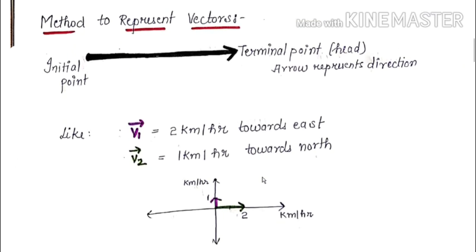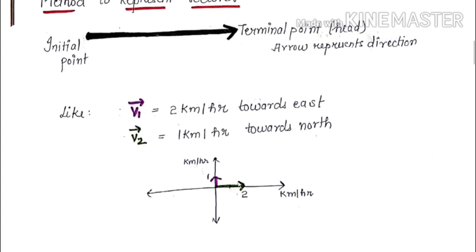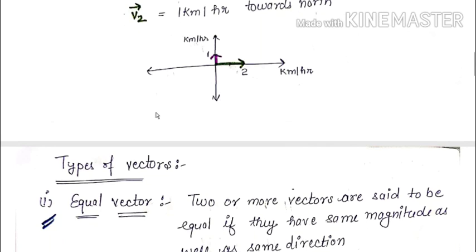For example, here it is given that v1 is equal to 2 km per hour toward east. Four directions are there: north, south, west and east. So 1 kilometer towards north is represented by v2, and 2 kilometers towards east is represented by the v1 vector. So this is a method to represent a vector quantity.